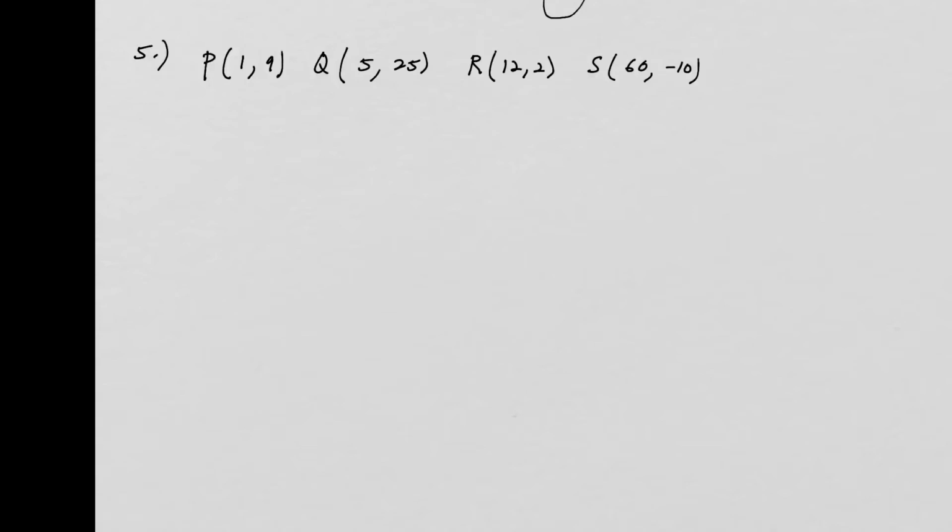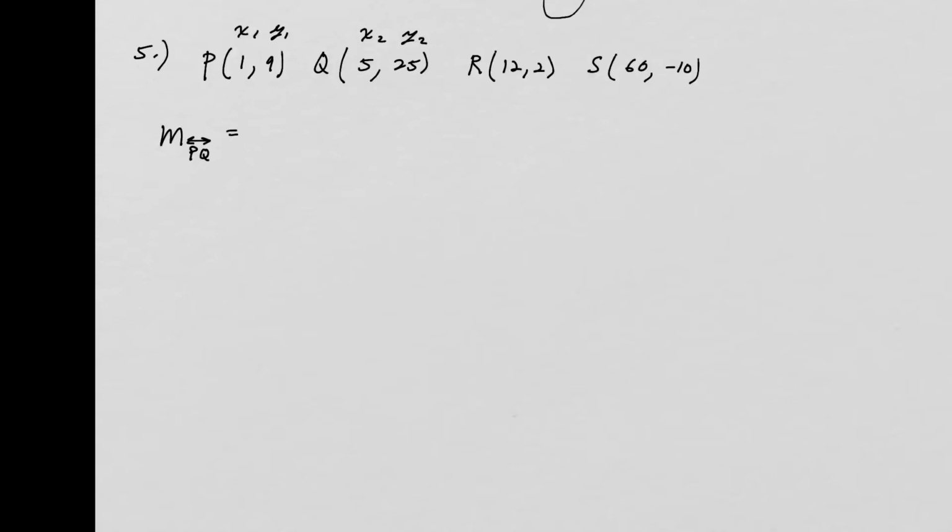So in order to figure this out, we have to calculate the slope of the line PQ and the slope of the line RS. Okay, so to do that, let's label these points. So P, I'll label the 1, so x1, y1. Q is x2, y2. So let's first find the slope of line PQ.